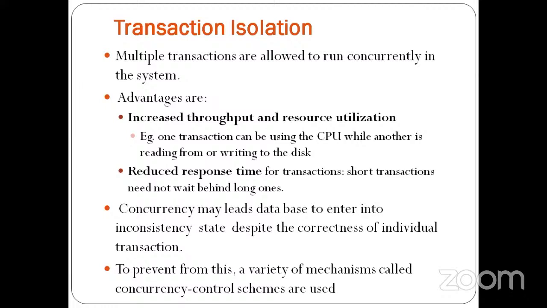That is our next topic. Whenever we are doing any transaction isolation implementations, we may get some errors that may lead to an inconsistent state. So to avoid or prevent these things, a variety of mechanisms called concurrency control schemes are used.